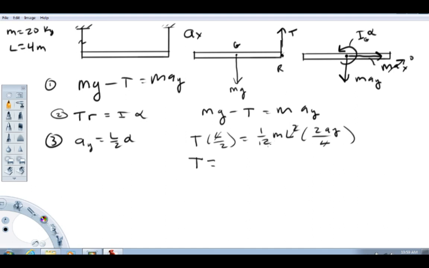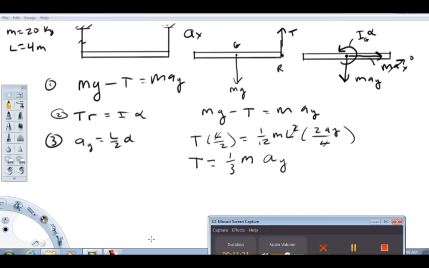And then on the right we've got 2 over 12, that's 1 over 6, and then we multiply that by 2, and that's 1 over 3. So we have 1/3 m a_y. I'm going to pause and double check my arithmetic on that. I think it looks good.